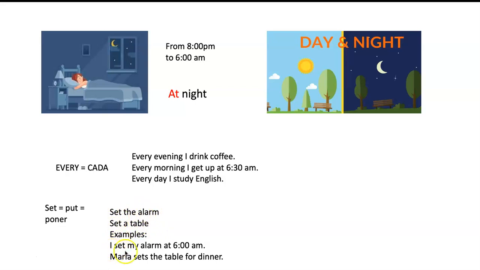Examples: I set my alarm at 6 a.m. Maria sets the table for dinner. So this is the vocabulary that we are going to need to know before reading. If you need any other word, maybe you can Google the word or use your dictionary.